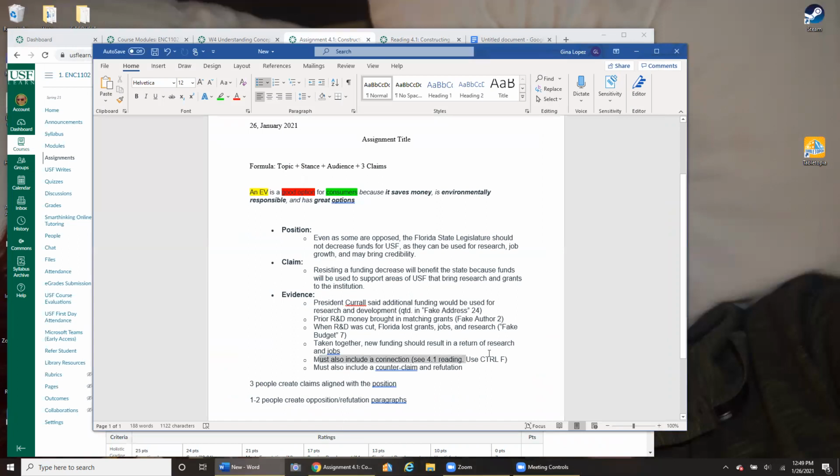And that's the sort of sentence you need to construct for that part. And then the last part of your paragraph will be a counterclaim. So if you are one of those 3 people already writing for the yes position because your group was assigned that, then for this last sentence, you're going to acknowledge the other position.